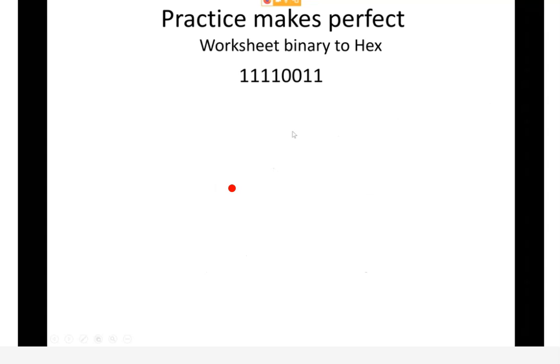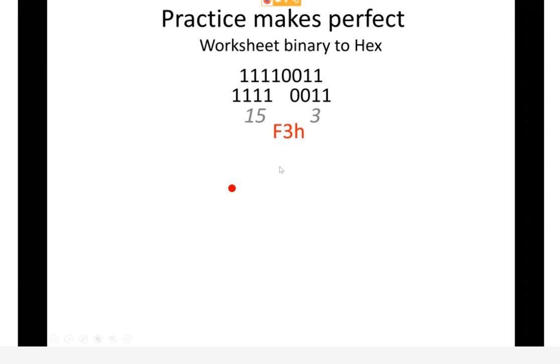Let's give it a practice. We'll break this into 4-bit groups. 8, 4, 2, 1, so 2 plus 1 is 3, right? And 8 plus 4 plus 2 plus 1 is 15. You'll notice all 4 bits high gives us a 15.